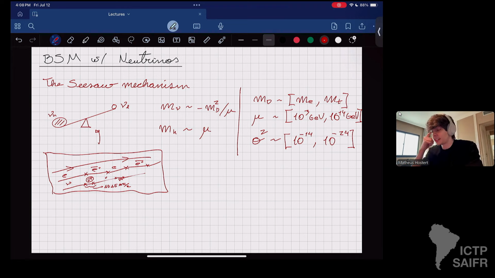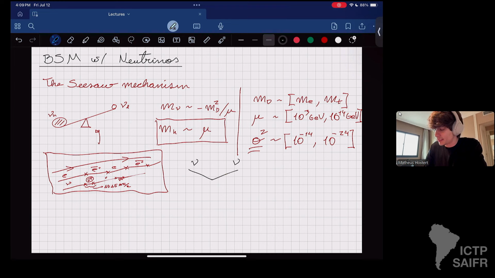So this creates a problem for the testability of these things, because not only are the new particles that would prove the seesaw picture very heavy, but the mixing that they have with the ordinary neutrinos is very, very small. So the interactions that they have are very, very small. And in fact, the way to think about the interactions here is to remember that neutrinos, the active state, interact with the W boson, or sorry, this should be an electron, for instance.